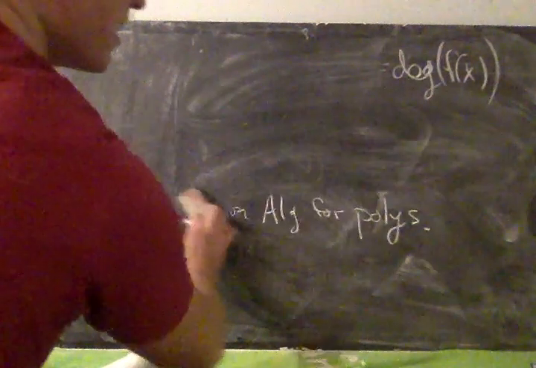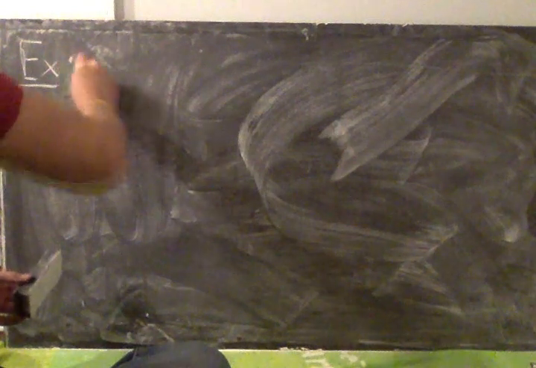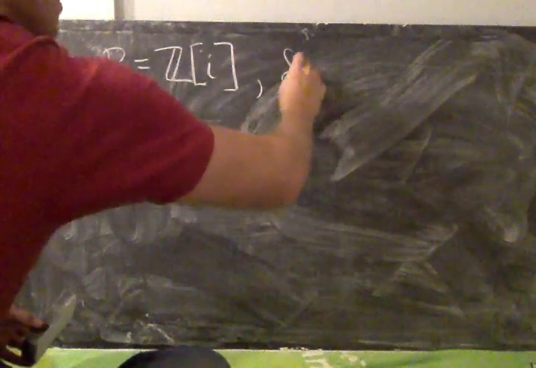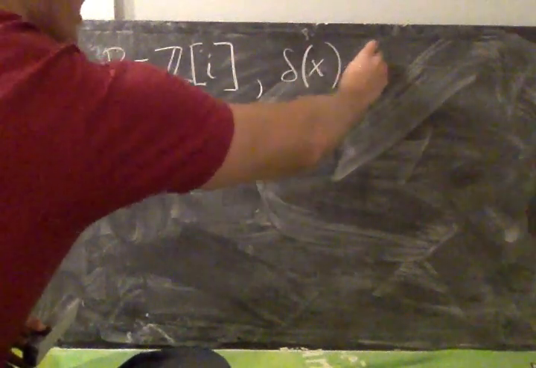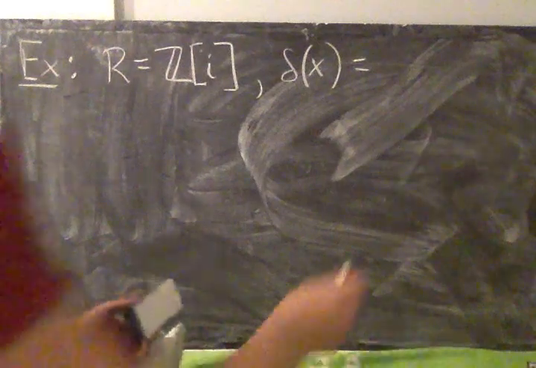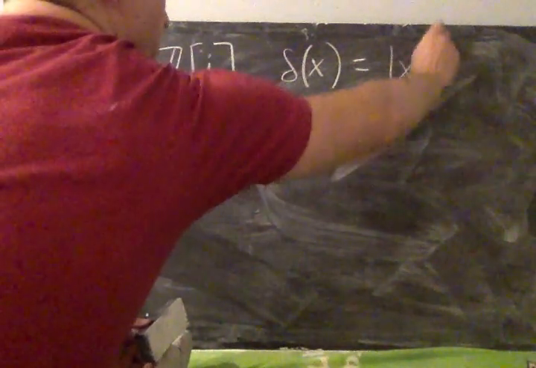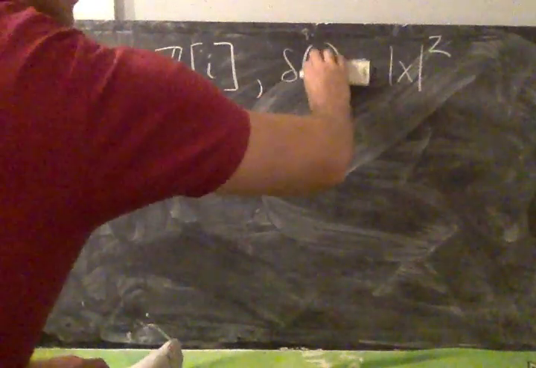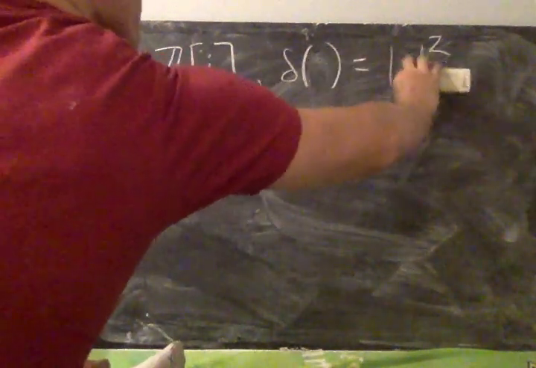Now we'll see a new example of a Euclidean domain, and that's the ring of Gaussian integers. So let's look at the ring of Gaussian integers, and delta of r, if r is a Gaussian integer, will just be the norm of r squared.